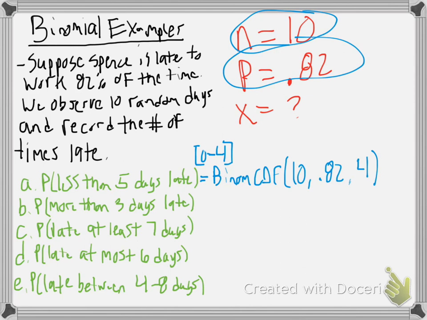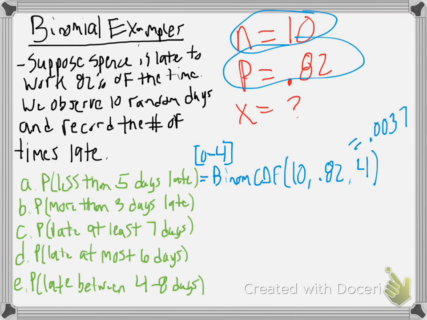So if we type in Binomcdf of 10, 0.82, 4, that will add up from 0 to 4 for us, and we'll get 0.0037.